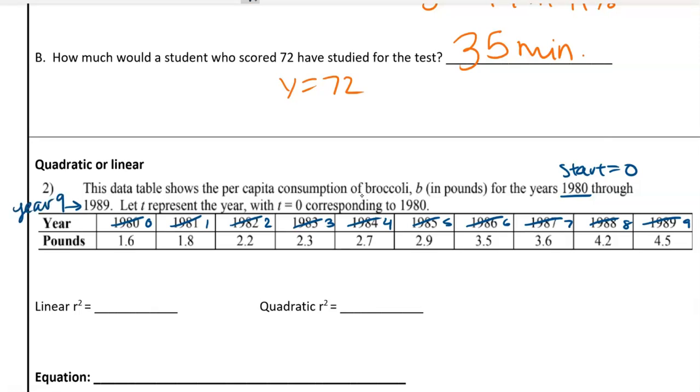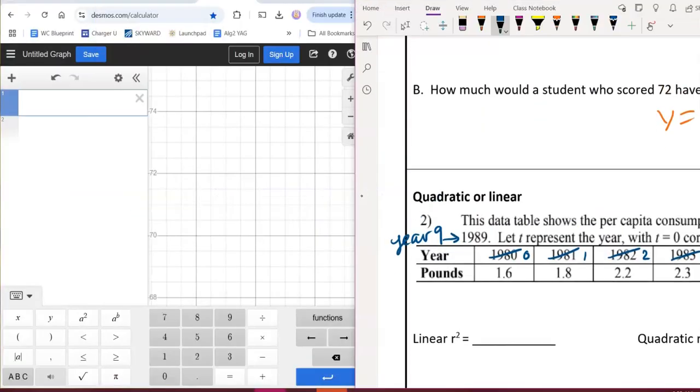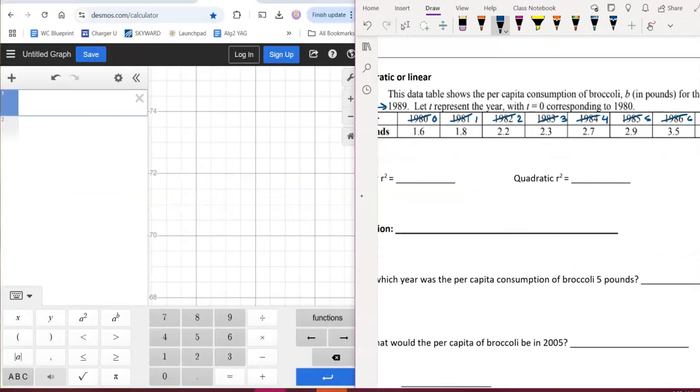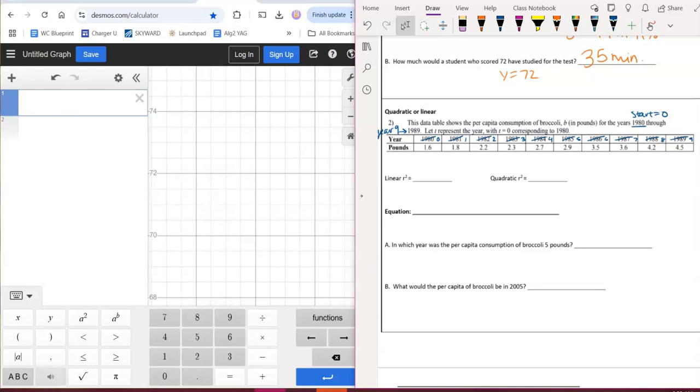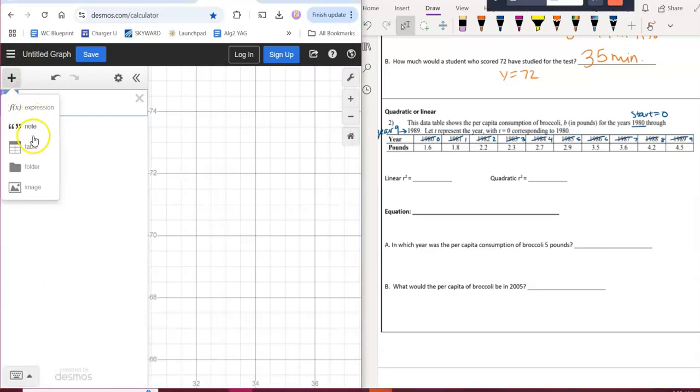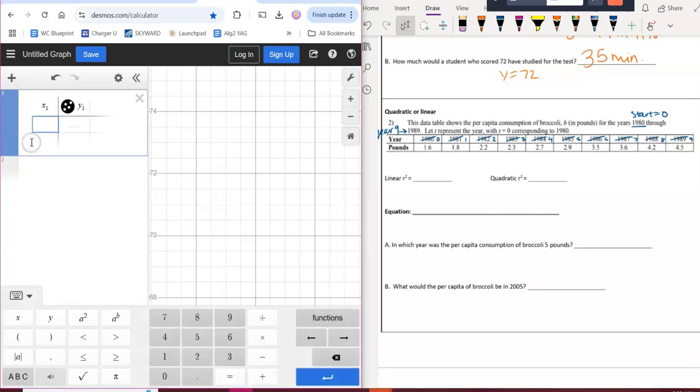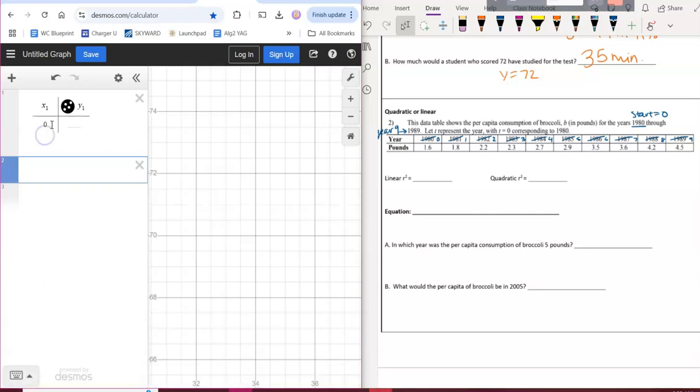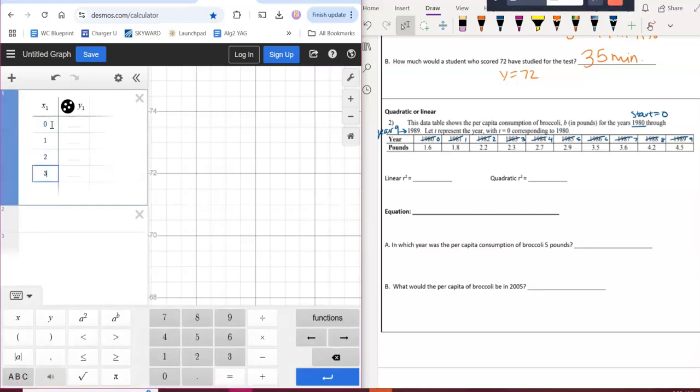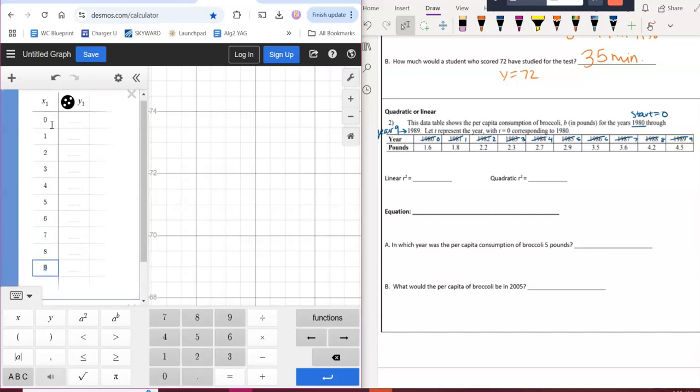Okay. So let's go ahead and type this data into the Desmos calculator, in a table, just like we did before. You'll hit the plus, and then you'll hit table, and then we'll just start with the x values being 0 through 9.